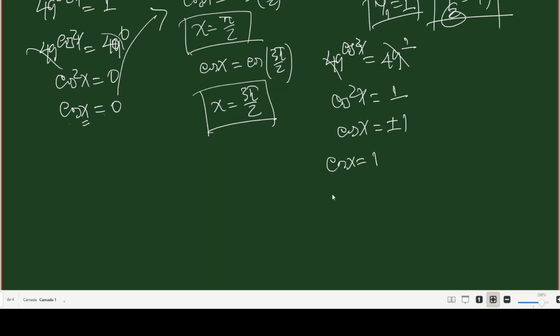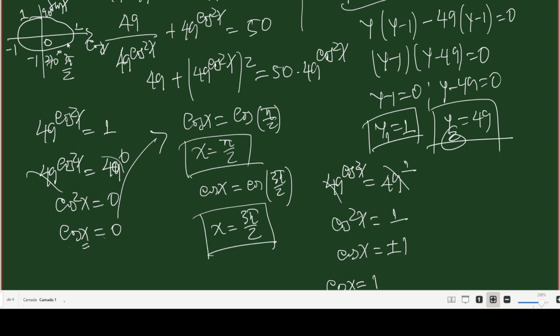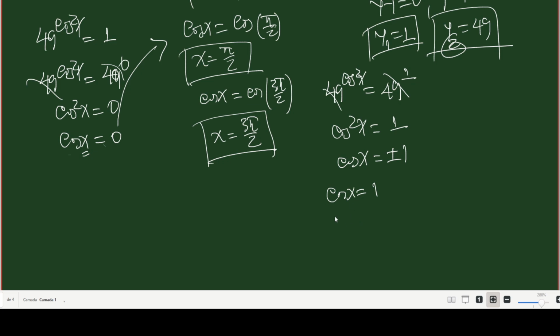If we go to the unit circle, 1 here is 360 degrees, which is 2 pi. So getting back to this, we have cos of 2 pi, which is 1, so x equals 2 pi.